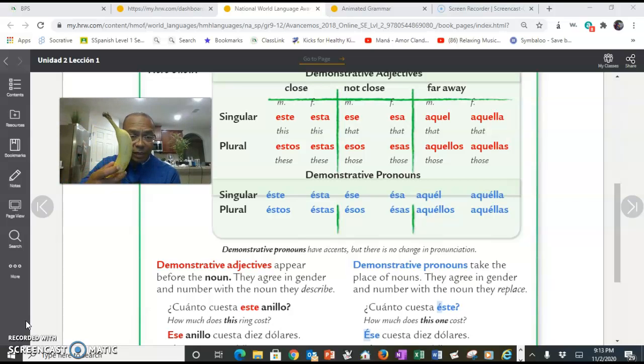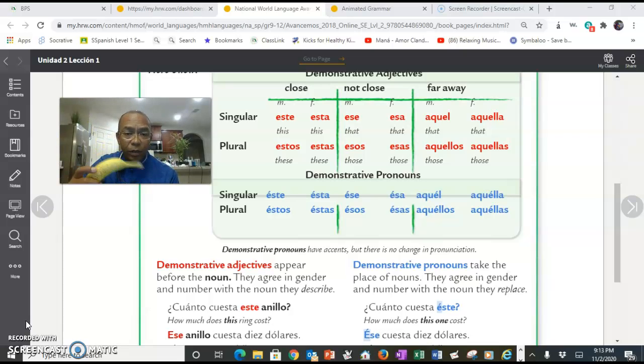I use esta because it ends with an A. Banana is a feminine word. And este for words that end with an O. Este tenedor. Este plato. Esta banana.